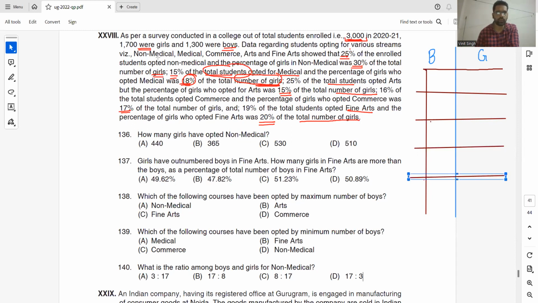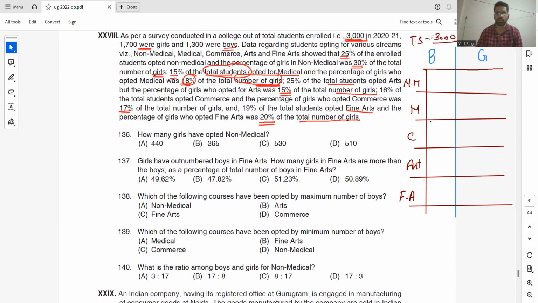How many streams are there? Non-medical, medical, commerce, art, fine arts: 1, 2, 3, 4, and 5 streams. First of all, there is non-medical. After that, medical, commerce, art, and fine arts. Clear?